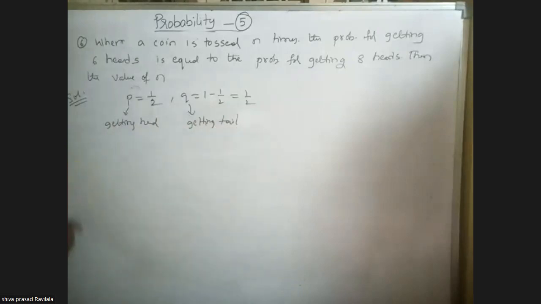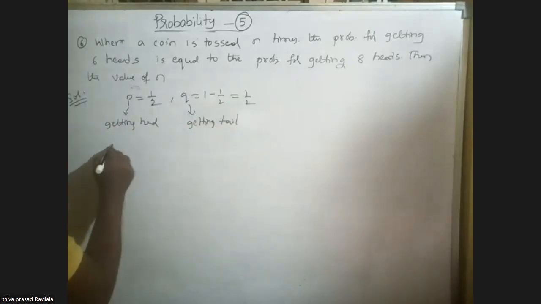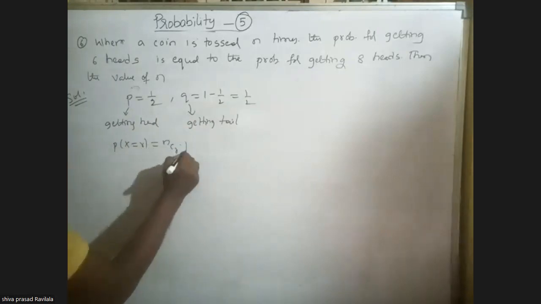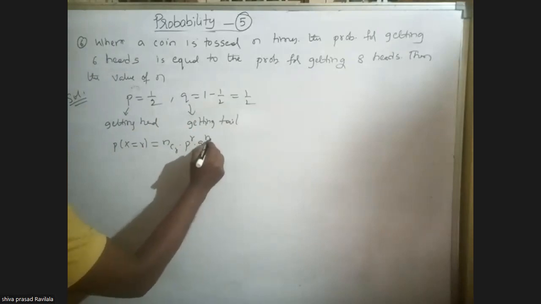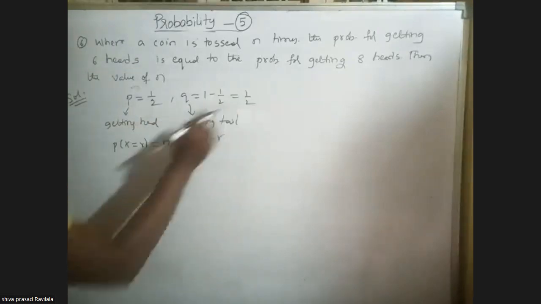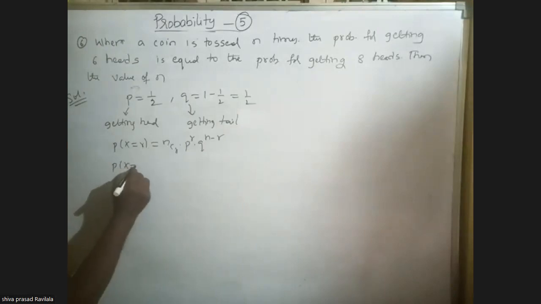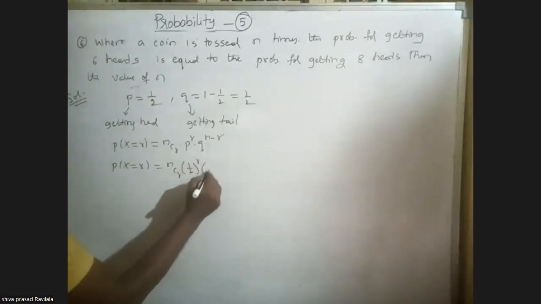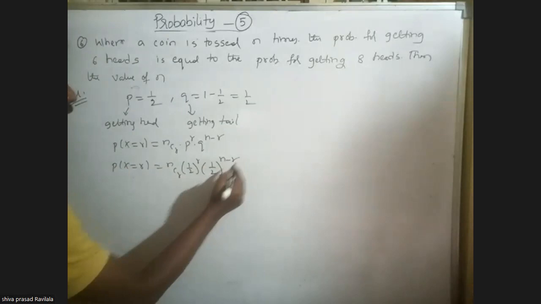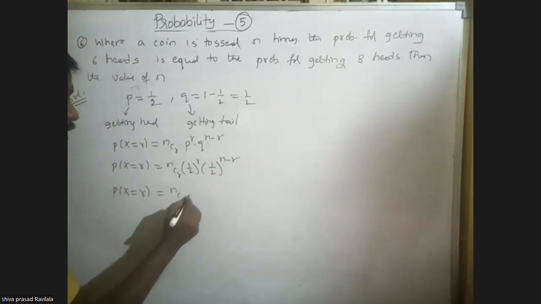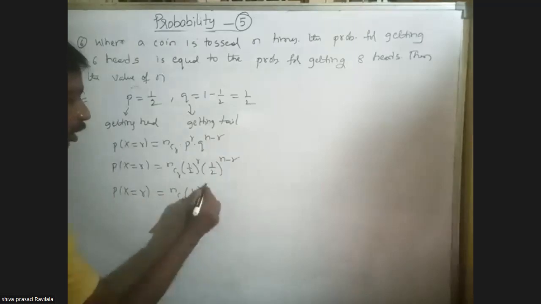One important condition is there: probability of x equal to r is equal to nCr into P power r into Q power n minus r. When P is equal to Q, automatically our formula becomes nCr into 1 by 2 whole power r into 1 by 2 whole power n minus r, that is, probability of x equal to r is nCr into 1 by 2 whole power n.